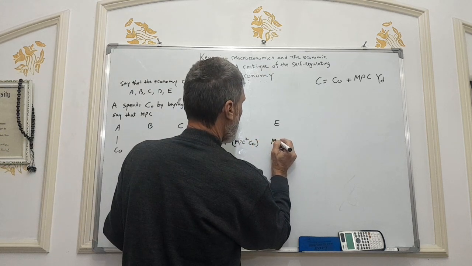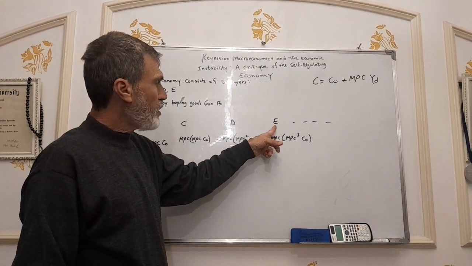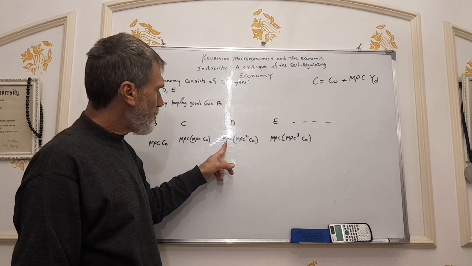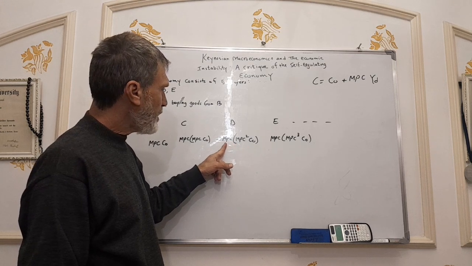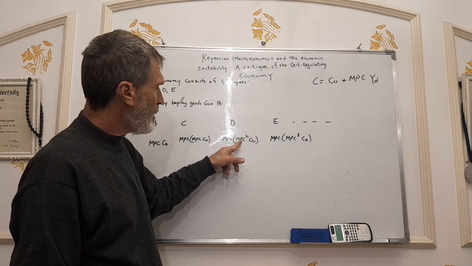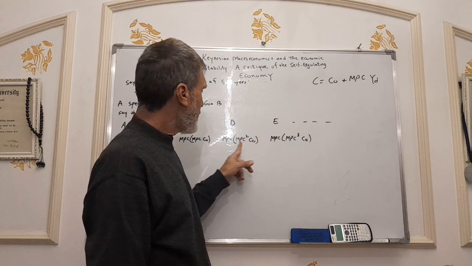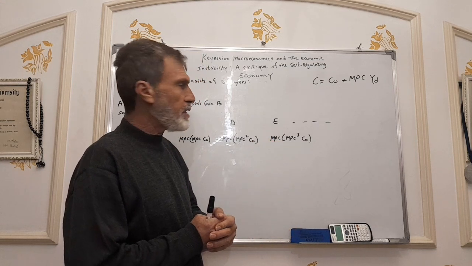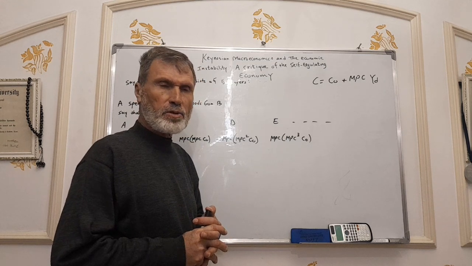So person E will spend a certain percentage of the income he receives from D, which is MPC squared C0. E is going to spend a portion of that income, and that portion depends on the marginal propensity to consume, which is MPC.